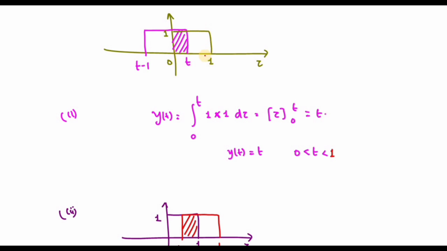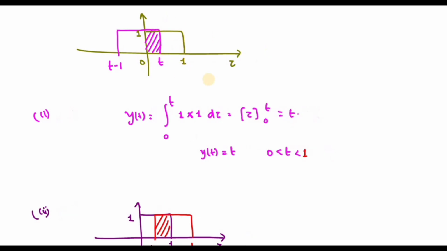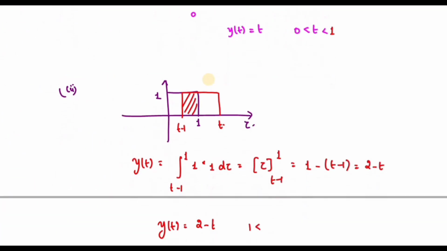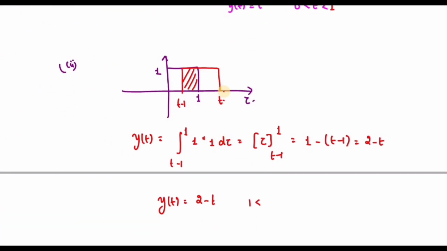So it should be less than or equal to 1 in order to get the graph like this. If it is greater than 1, I will get the intersection like this. So if I substitute t is equal to 2.